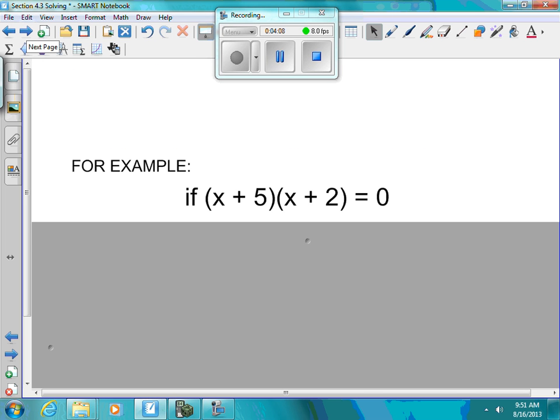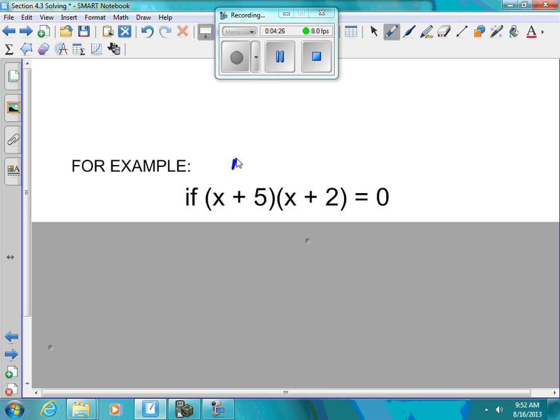For example, if x plus 5 times x plus 2 equals 0, what can we conclude here? Well, what you have to do is think about it. You're like, whoa, this looks a lot harder than what you had on the previous slide.